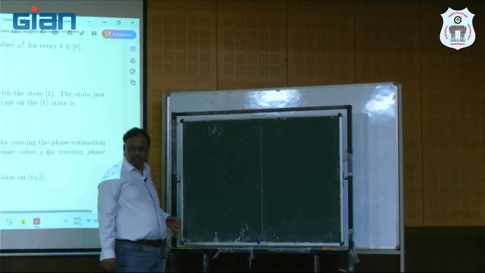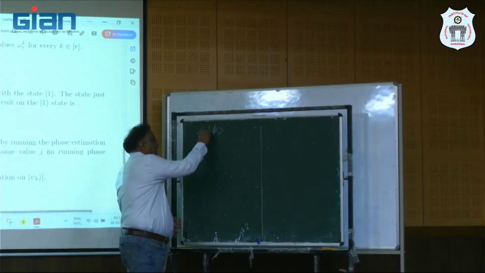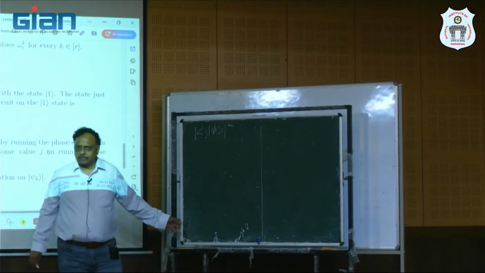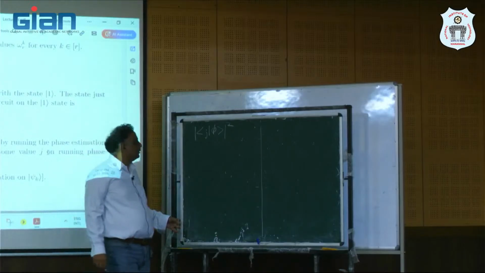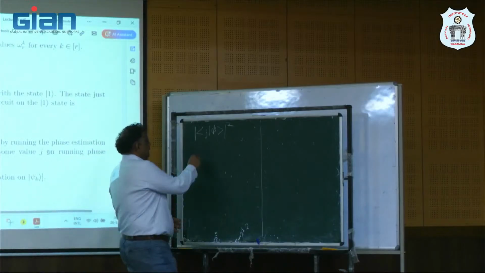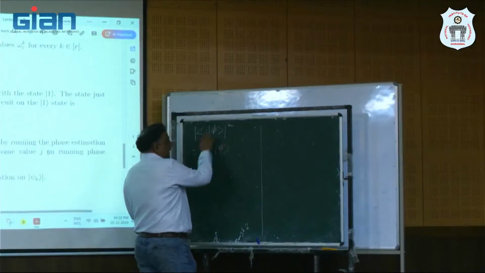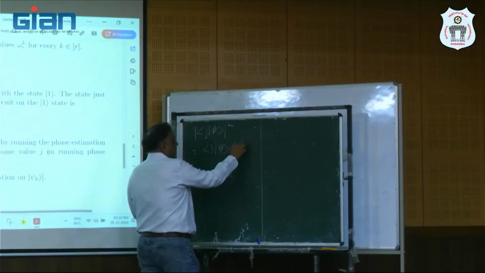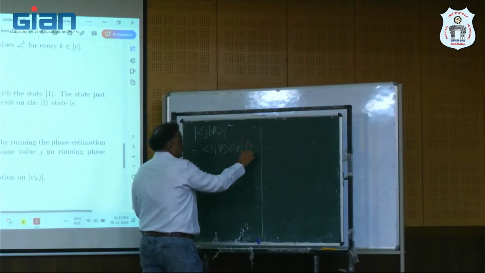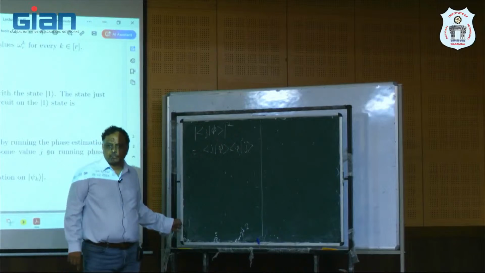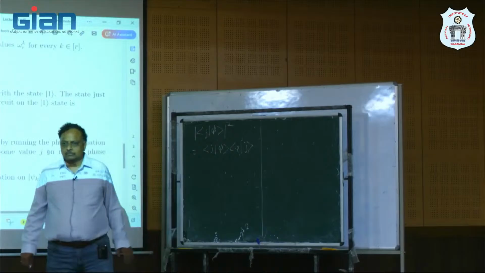Inner product, right? Inner product j, mod square, correct? What is this? Mod phi and its star, correct? Right? Yes? Correct.